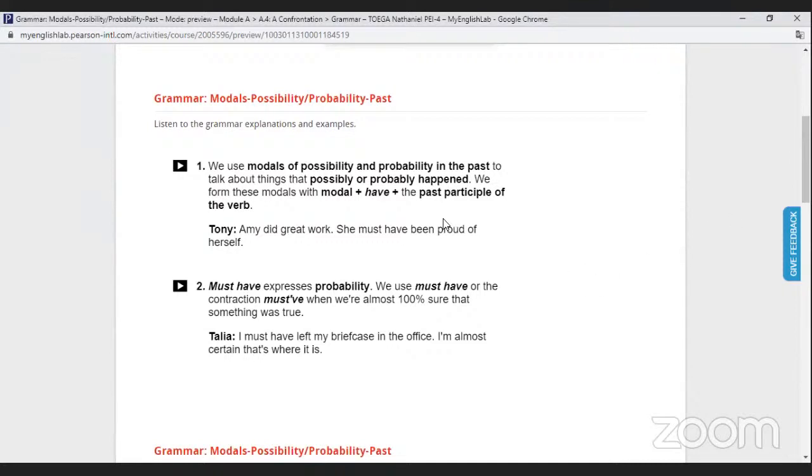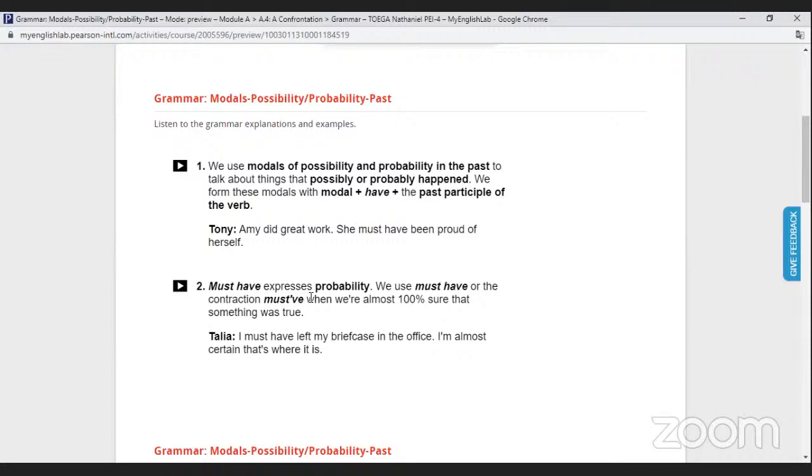Like the example says, read please. Amy did great work. She must have been proud of herself. Very good. So when we want to talk about the past, we follow this structure: must have, might have, could have, can have, plus the verb in past participle, whatever verb.